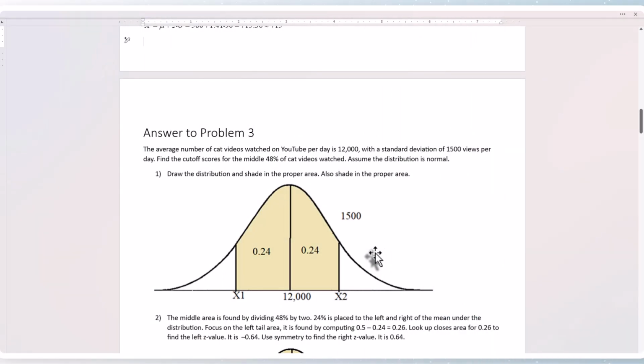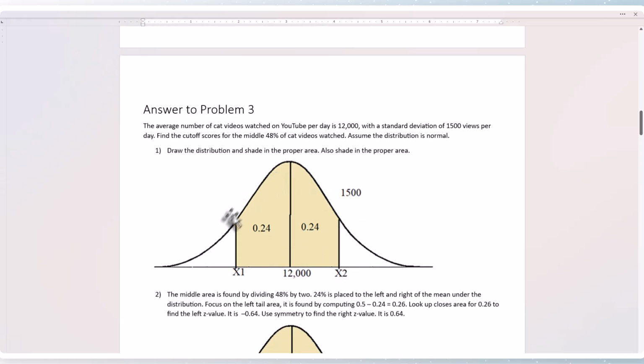Let's look at number 3. It says the average number of cat videos watched on YouTube per day is 12,000, with a standard deviation of 1,500 views per day. Find the cutoff score for the middle 48% of cat videos watched. Assume the distribution is normal.